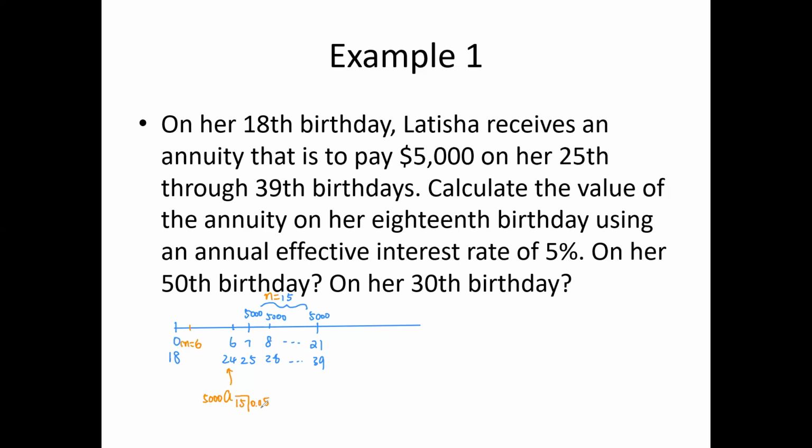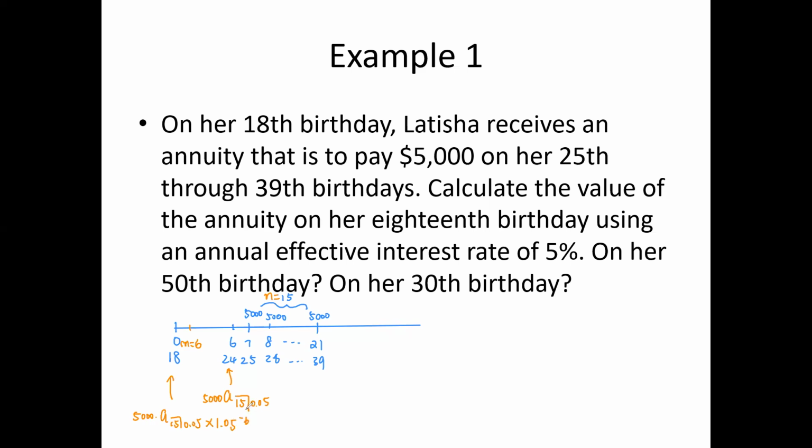And then when you discount back to time 0, you need to multiply this quantity by 1 plus i to the negative 6. So this value is 5,000 times a sub 15 angle 0.05 times 1.05 to the negative 6.